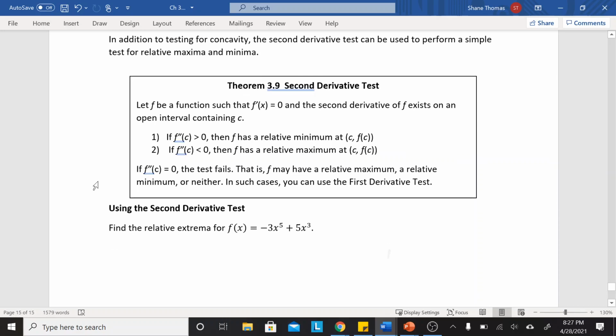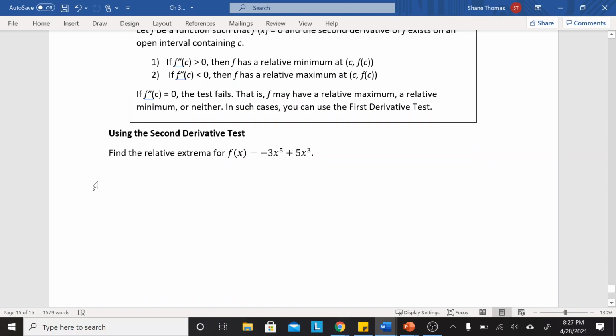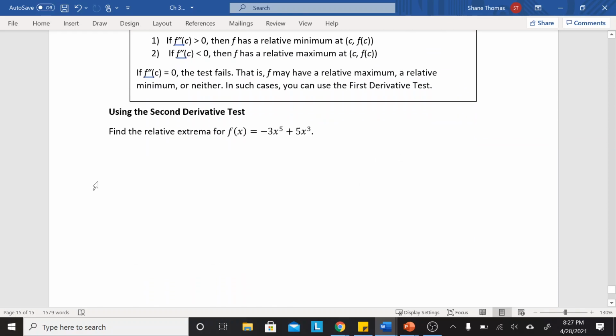All right, so we use the same type of things we've been doing here for the last couple. So we have f of x is negative 3x to the fifth plus 5x to the third. So let's check out f prime of x. f prime of x, I'm going to have negative 15x to the fourth plus 15x squared. And I can factor that, set it equal to 0 and factor it.